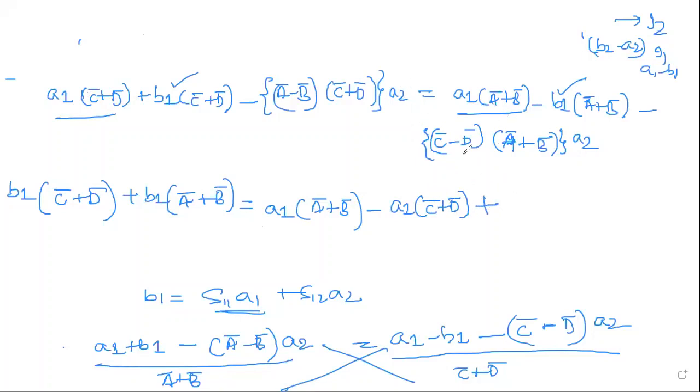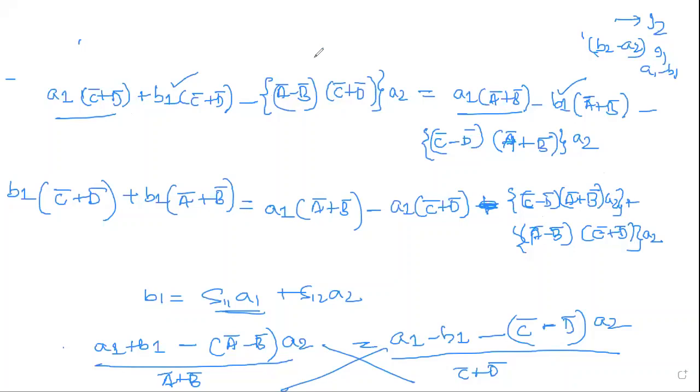Now, A2 equations, one is already here, which is minus, that is C bar minus D bar into A bar plus B bar into A2. And one more equation we have here, which is plus A bar minus B bar into C bar plus D bar into A2.